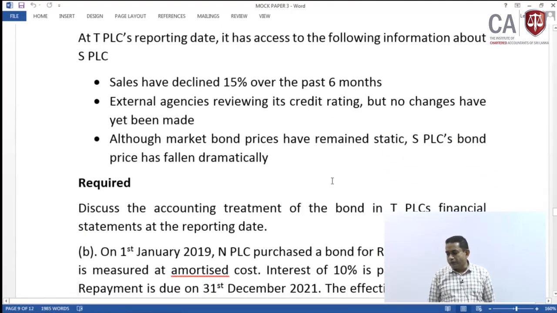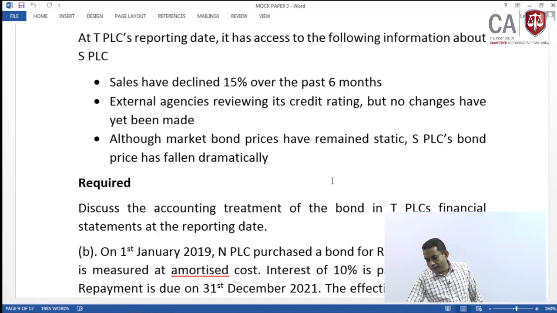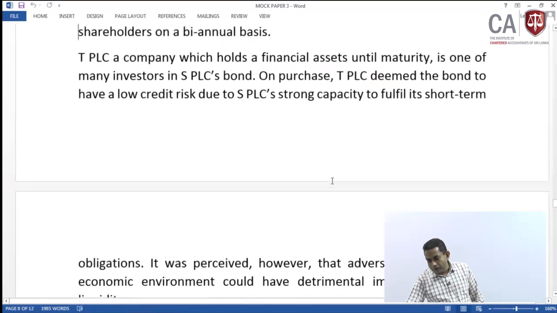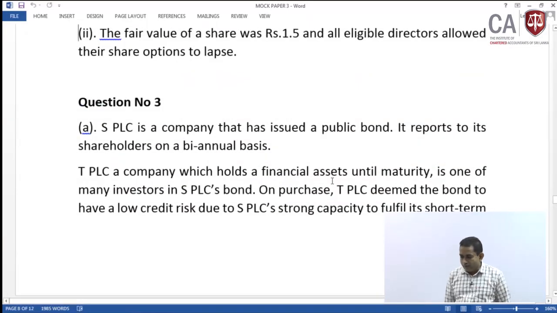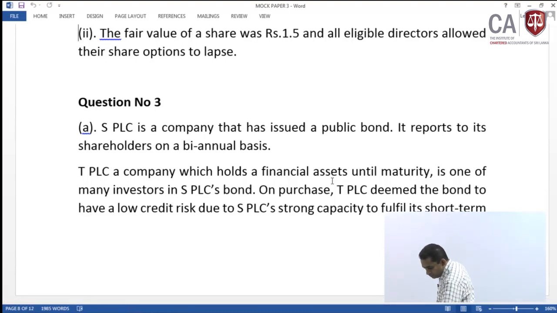Required: discuss the accounting treatment of the bond in TPLC's financial statements at the reporting date. Now, there are two companies involved, one is SPLC and the other one is TPLC. We will try to make the facts clear first.